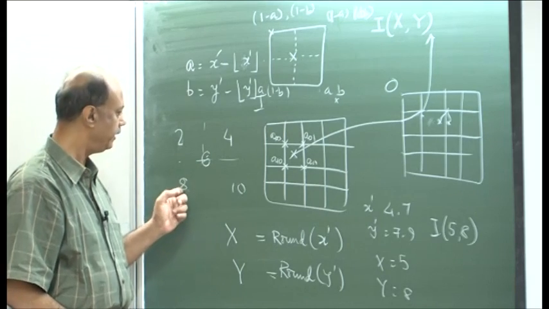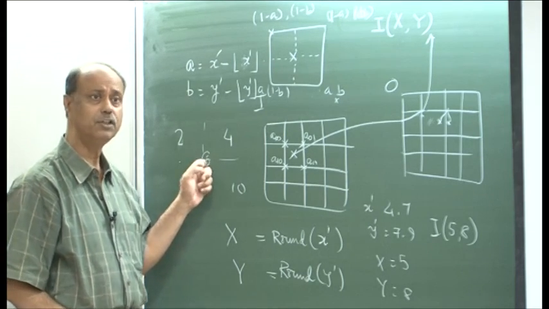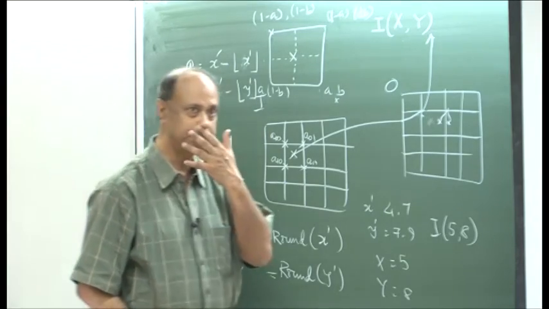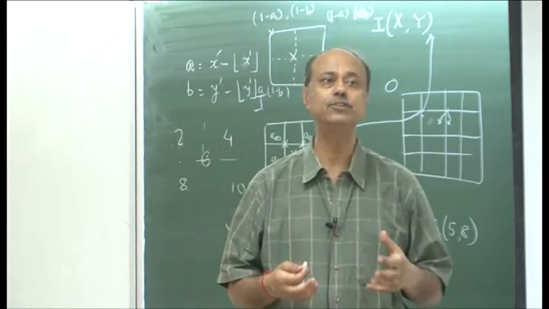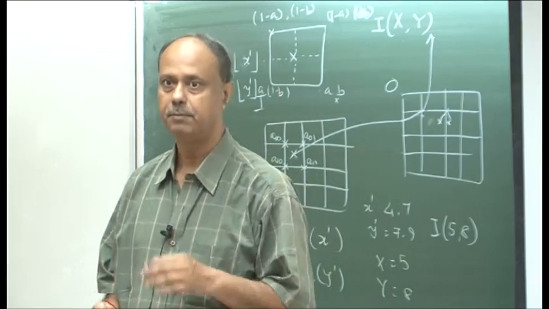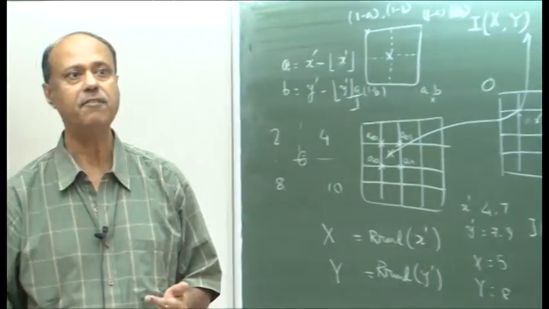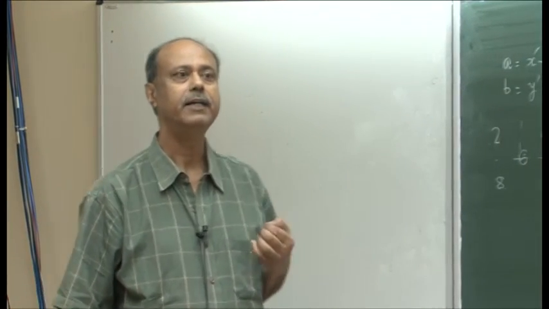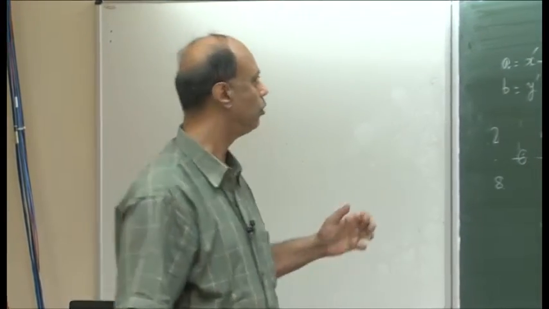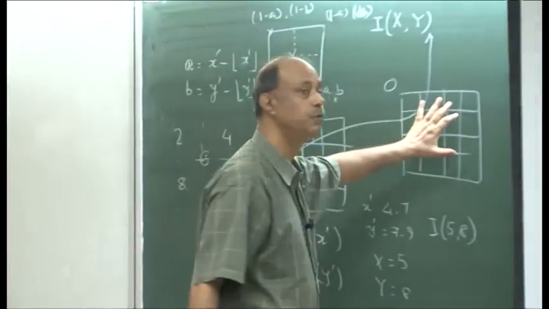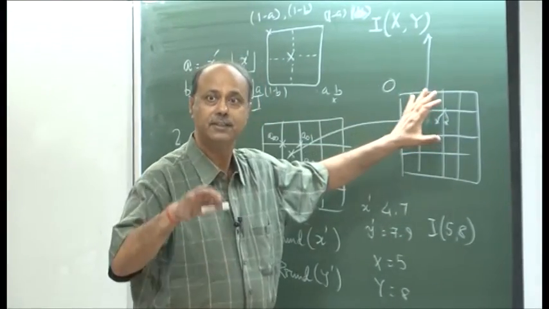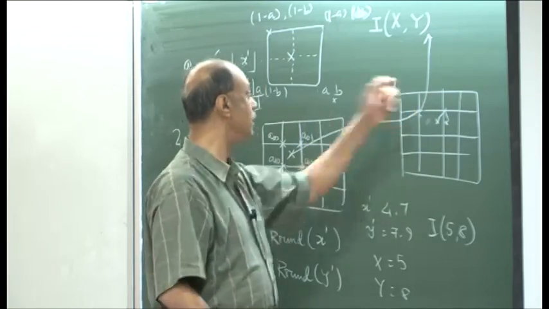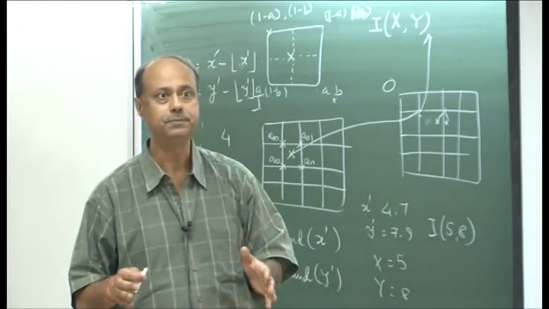The value should have been nearer to 2 and 4, but because of this averaging technique the resolution will come down. So what will happen to my output image? The resolution will come down overall, because for each point the resolution is down.